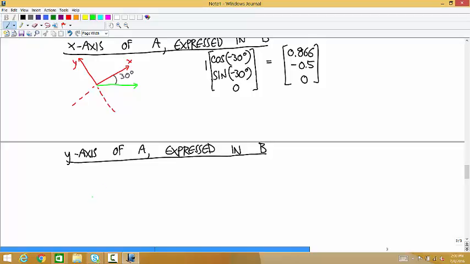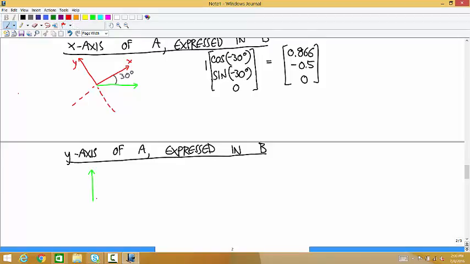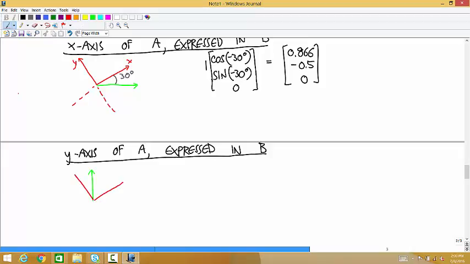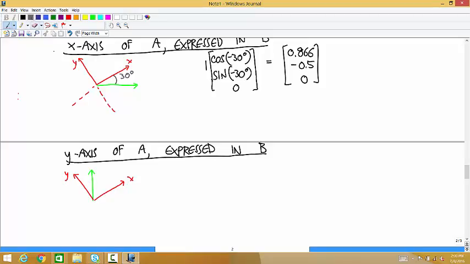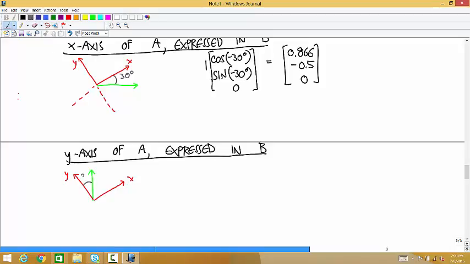The y-axis of A is vertical. There's the B coordinate system. And this angle is 30 degrees.